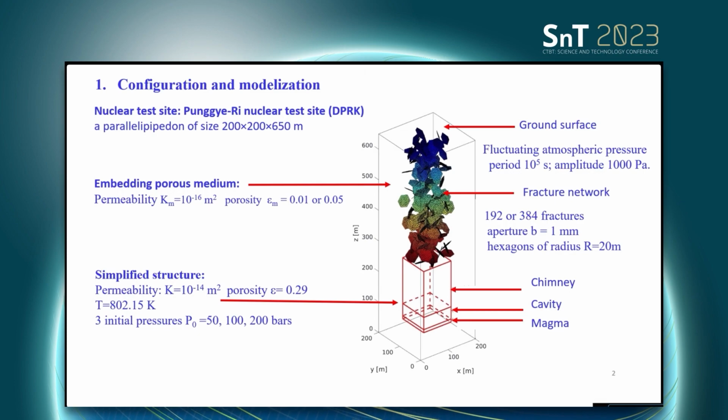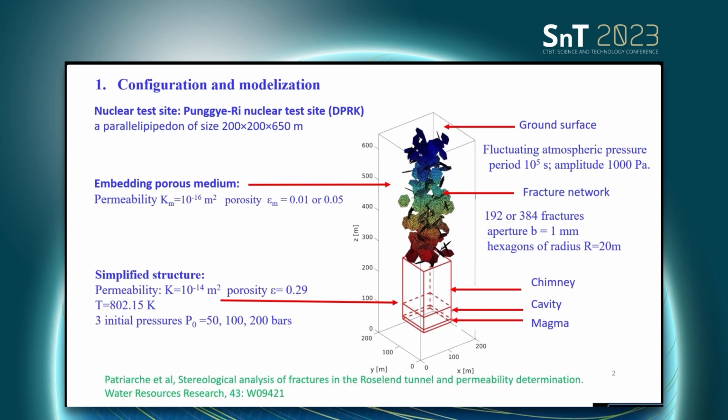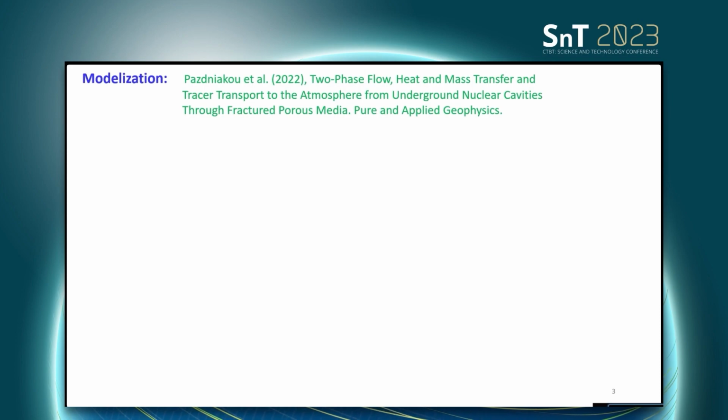At the top, at the ground surface, we include fluctuating atmospheric pressure with an amplitude of about 1,000 pascals and a period of about 1 week. The modelization is based more or less on the paper which is cited here.